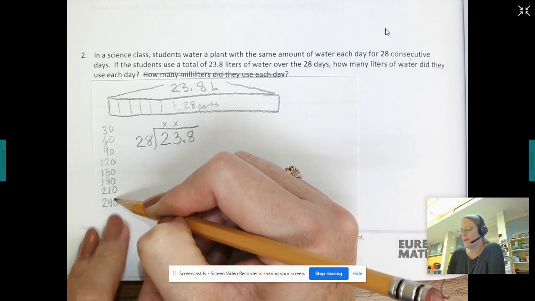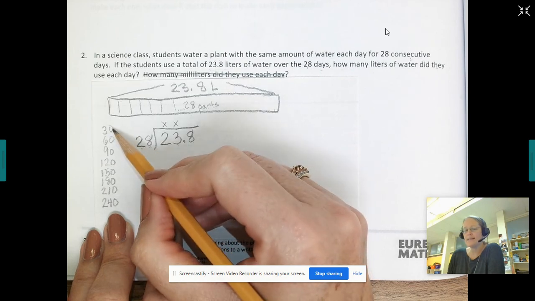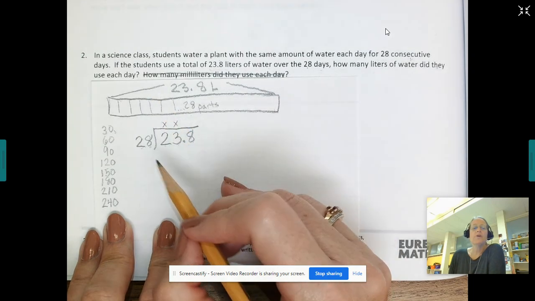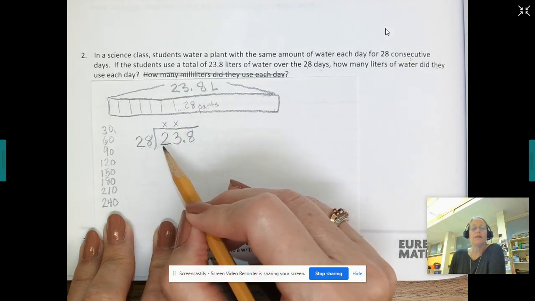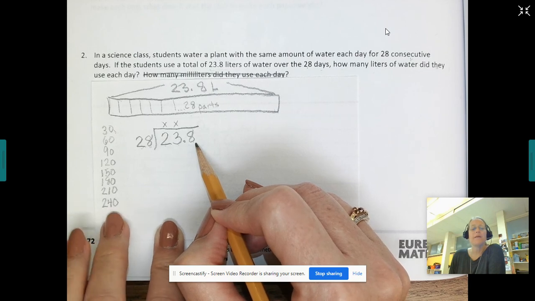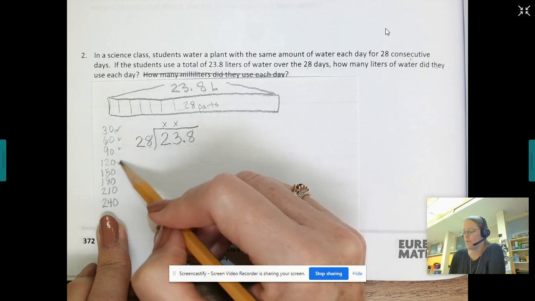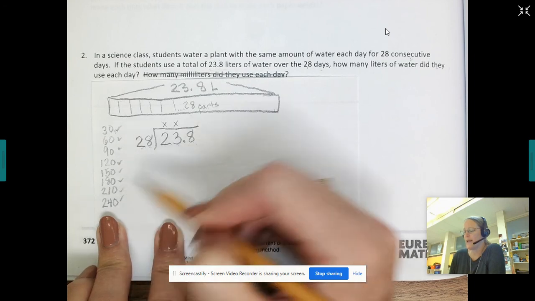Let's stop right there. And we know that 28 is less than our rounded number 30. So we're going to estimate that 28 goes into 238 tenths 8 times. 1, 2, 3, 4, 5, 6, 7, 8.